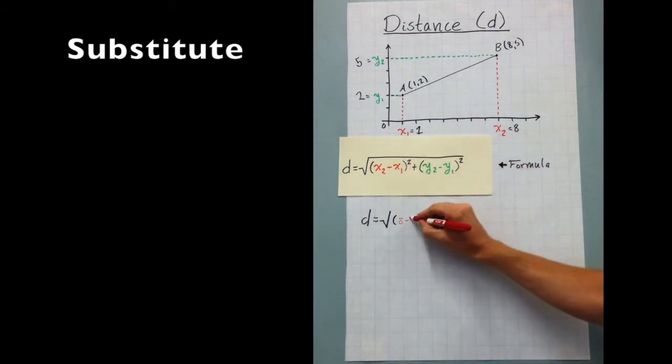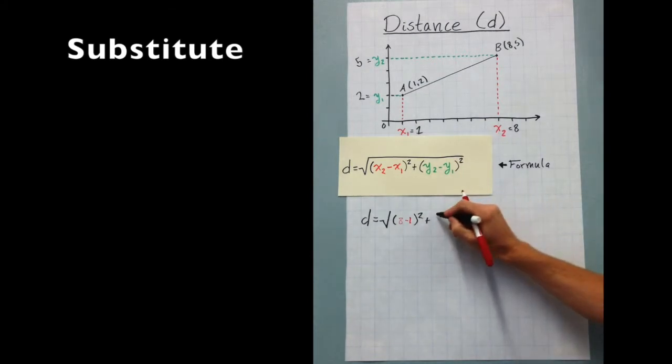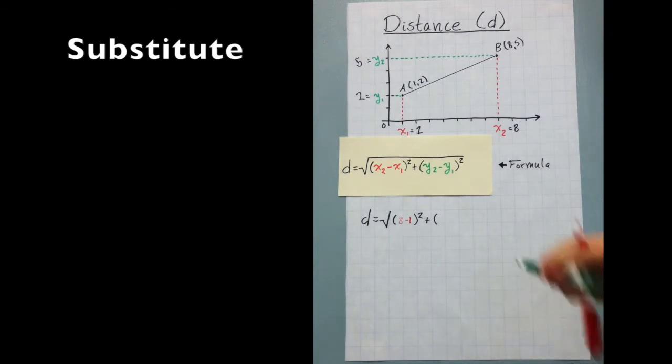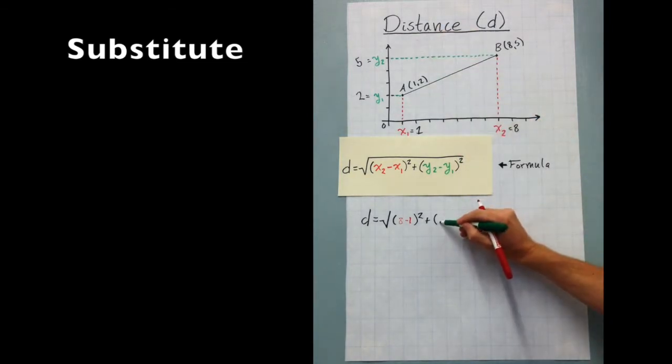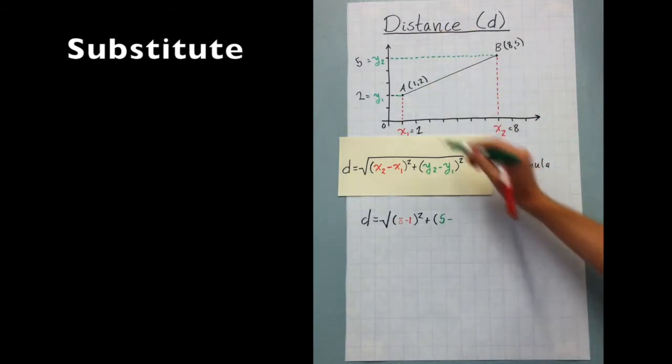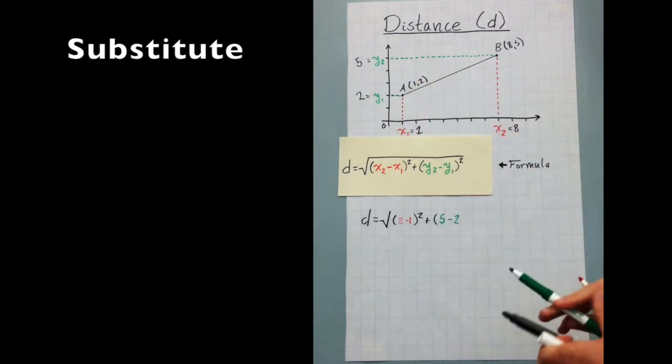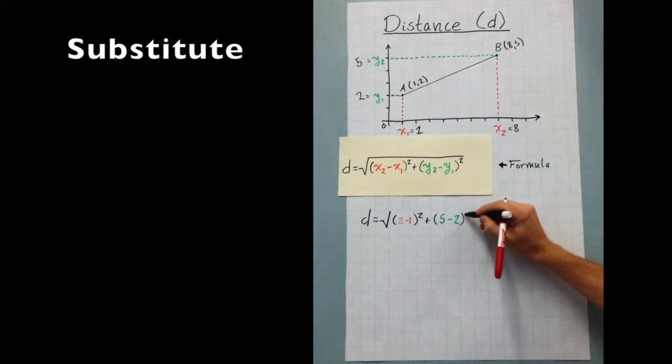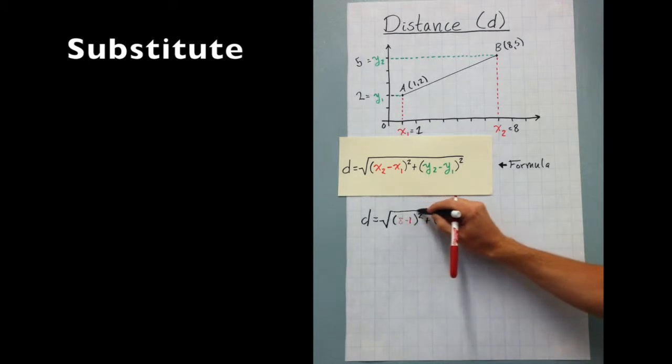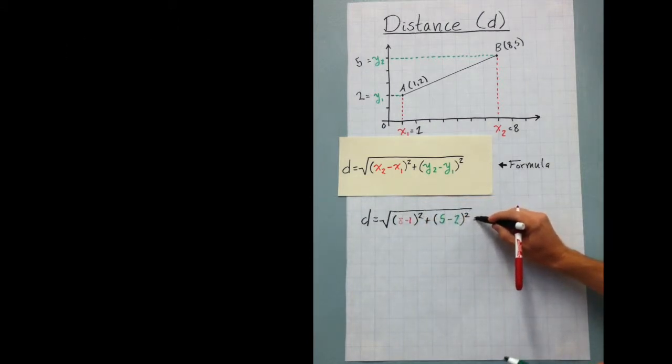And then x1 is 1. We're going to close those parentheses and square them, but we'll do that later. And then we're going to take our y2, which is 5, and subtract our y1, which is 2. And then we're going to close the parentheses, square it, and then finish off our square root symbol.